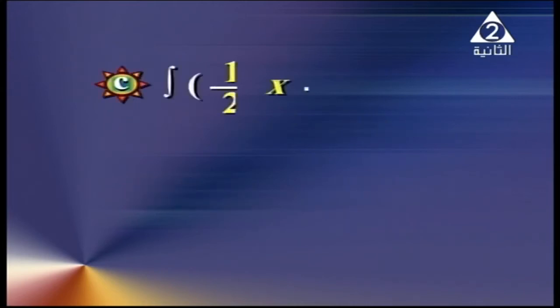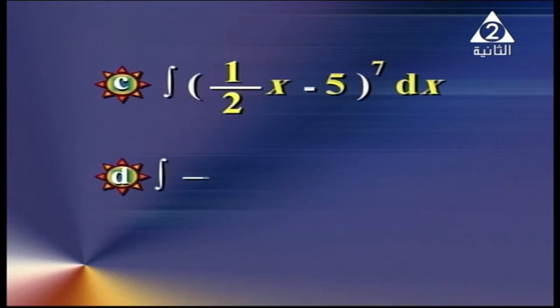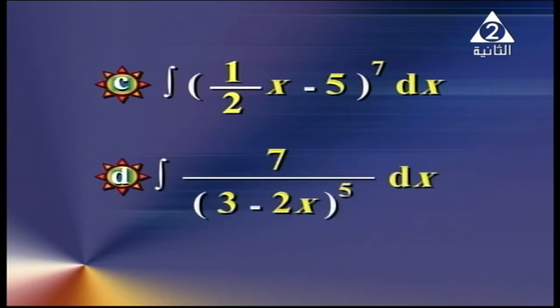Number C, find the solution of integration bracket contains 1 over 2x minus 5 for all power 7 dx. Number D, find integration of 7 over bracket contains 3 minus 2x for all power 5 dx.